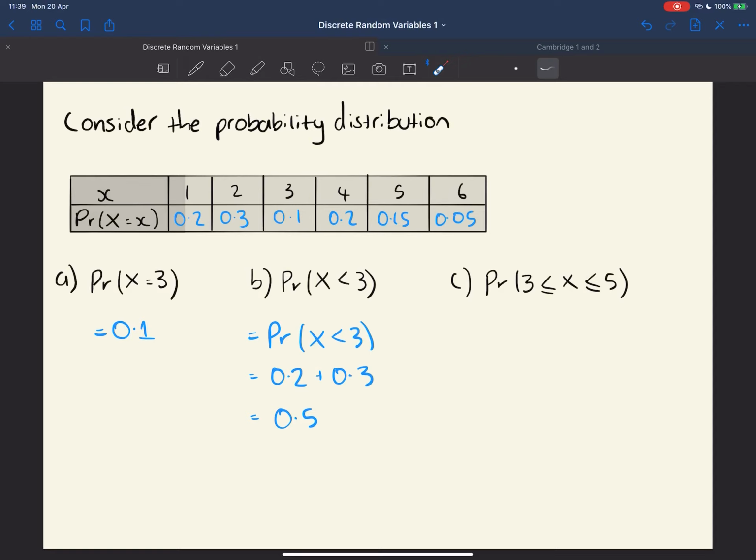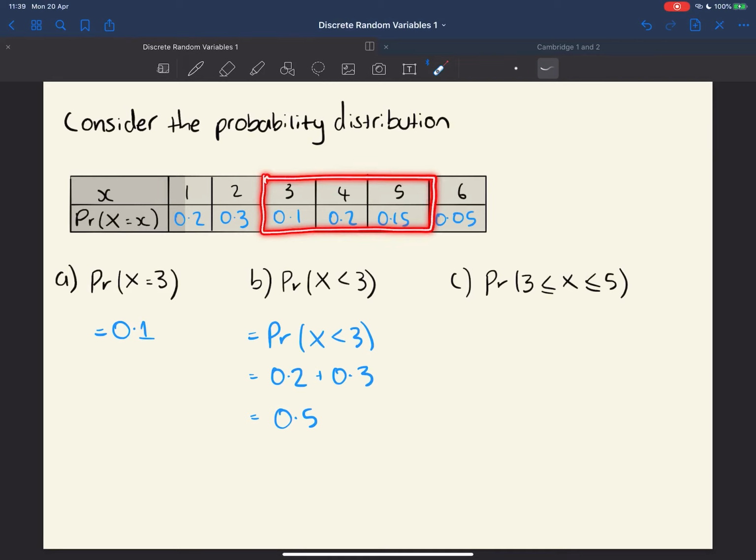I'm going to highlight what that would be on our table. It would be this. In between 3 and 5, made a mistake. There we go. In between 3 and 5, but including 3 and 5.